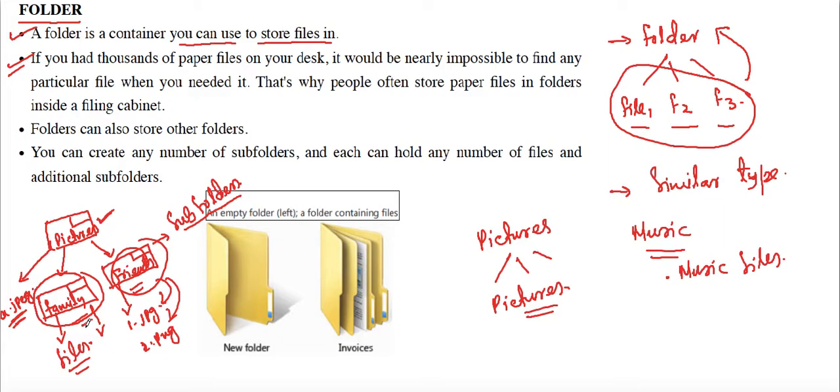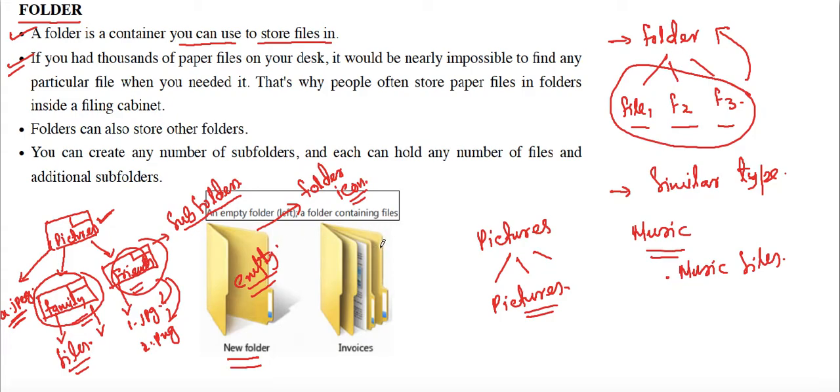This is basically the structure of how a Windows operating system stores files and folders. In terms of the GUI, we have two icons below. The first icon is named New folder. This is the icon for a folder. This folder icon is empty, because it does not contain any file or subfolder.